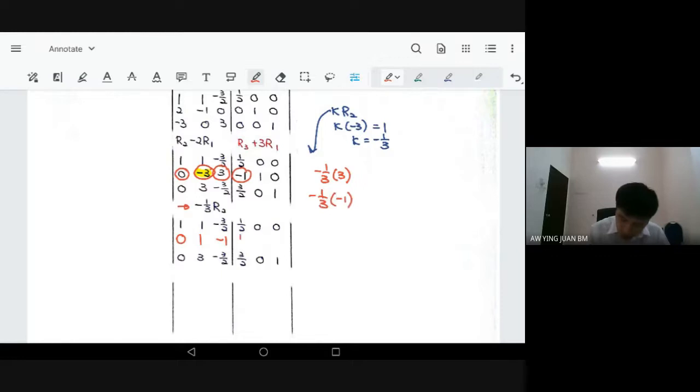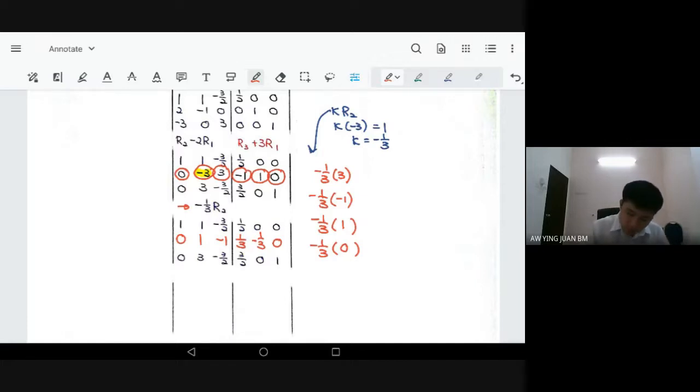So we will obtain 1 over 3. Next, negative 1 over 3 multiplied with the row 2. So here we have 1. Then we will obtain negative 1 over 3. Next, negative 1 over 3 multiplied with the row 2, which is the 0. So we will obtain 0. So that is how we obtain the row 2.